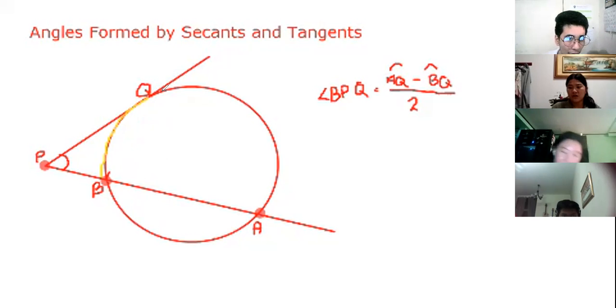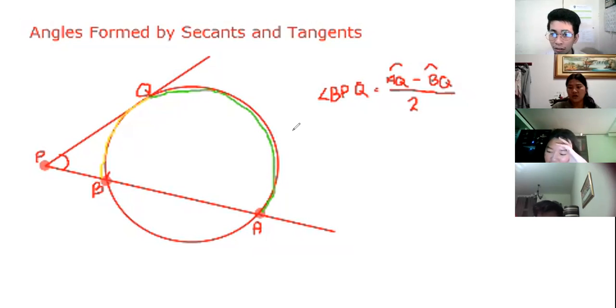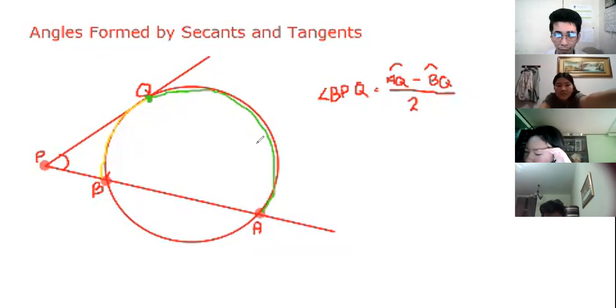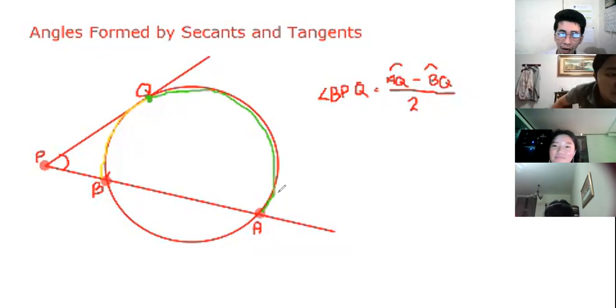Then also arc BQ. Okay? So we're going to subtract lang. Same lang din pala katulad kanina. Diba? Naintindihan? So magkaiba pa to kasi dito may point sila dito. So magkahiwalay pa si BQ kaysa kay AQ. Okay? So we're going to subtract the arc AQ and BQ. We're going to get the difference.